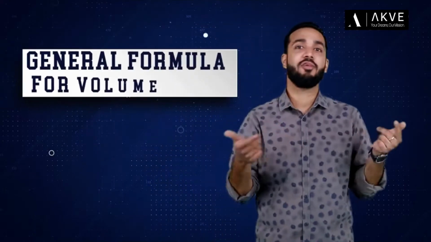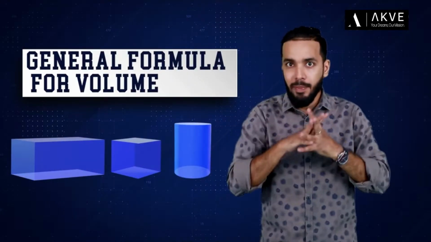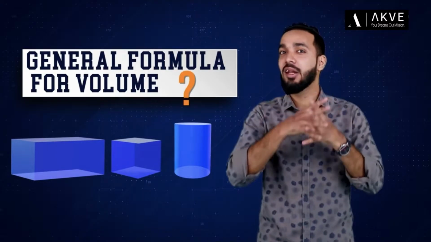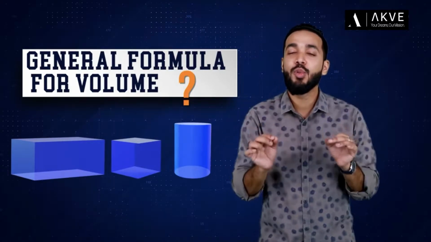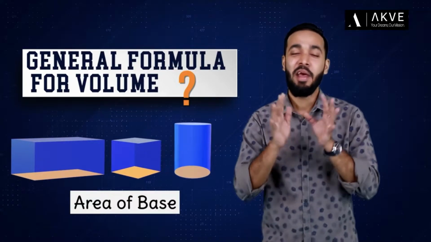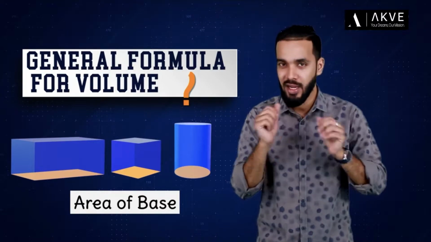Now, we have already discussed a general formula for finding the volume of a 3D shape that's found by extending a 2D shape perpendicularly, right? So, what was that general formula? Let me give you a hint. It had something to do with the area of the base. Still don't get it? No worries. Try to visualize the concept so you can remember it later.